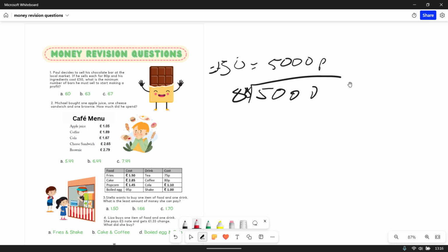So let's think of 80 as 8. 8 times 8 is 64, which is too high. 8 times 7 is 56, too high. So you can do 6. 6 times 8 is 480. So put 480 here.